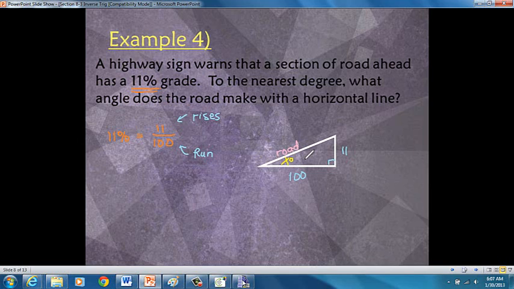Remember, when we're trying to find angles, we're going to use our inverse trig functions. You need to make sure you have your SOHCAHTOA in front of you. If this is my angle, then I'm going to be using the opposite side and the adjacent side. So that would be the tangent.